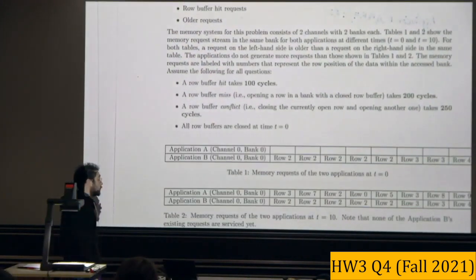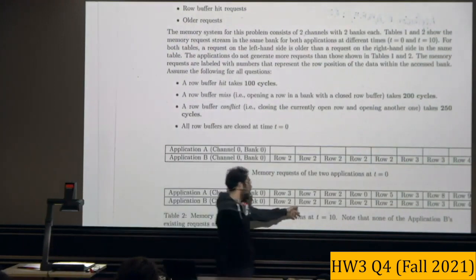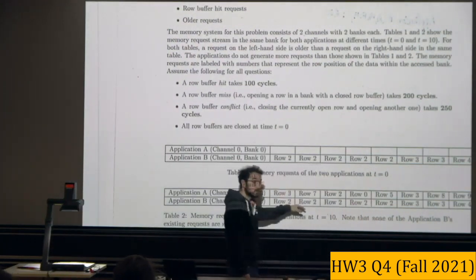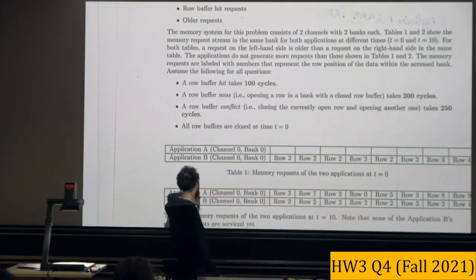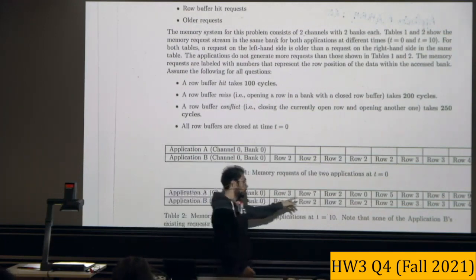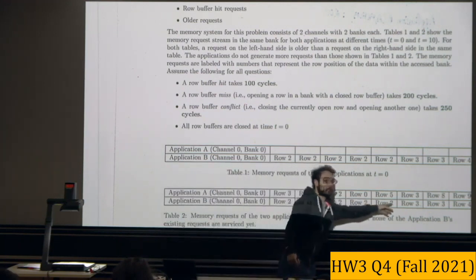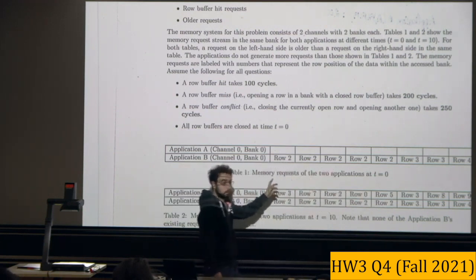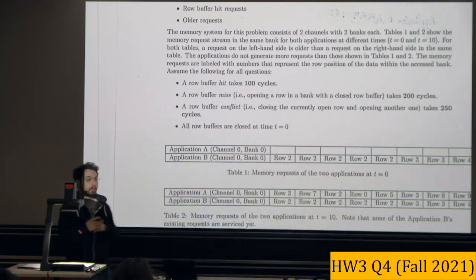Then application B will execute 1, 2, 3, 4 requests because these are all hits. But in application A, there is also row 2, right? So before this row 3 is opened, we need to execute one hit from application A, because this request can be serviced, it's in the same row buffer.